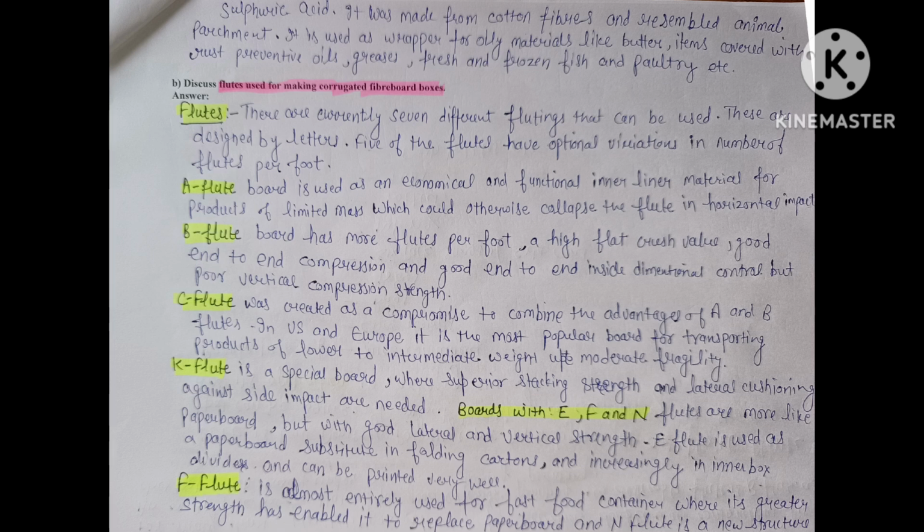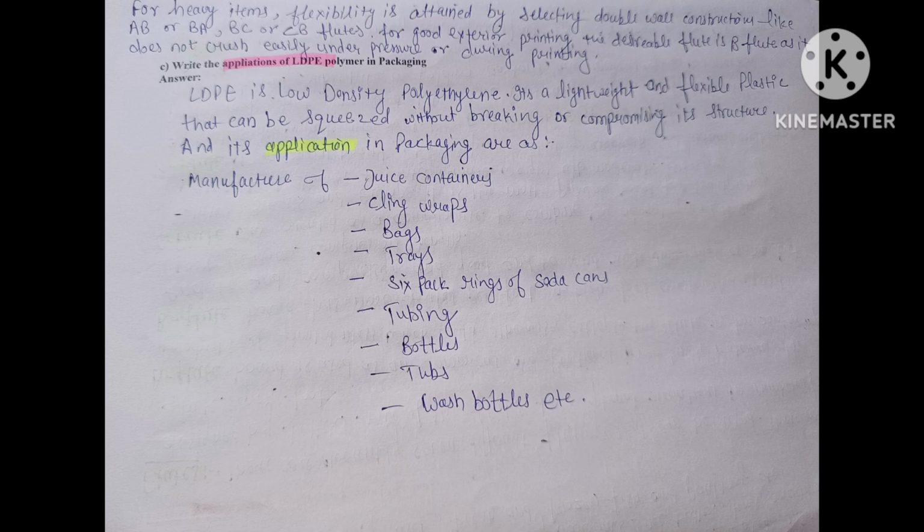E flute is used as a paperboard substitute for folding cartons and increasingly in inner boxes or devices, and can be printed very well. F flute is almost entirely used for fast food containers where its greater strength has enabled it to replace paperboard, and N flute is a new structure.